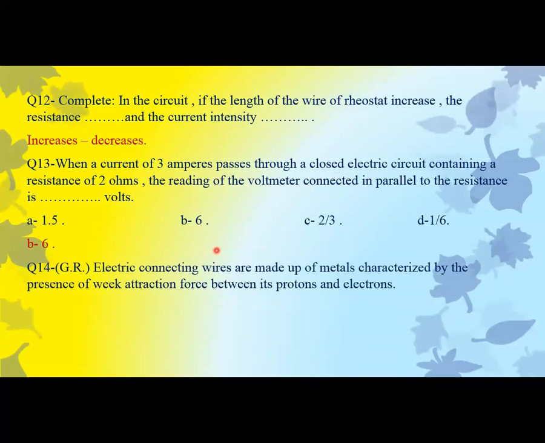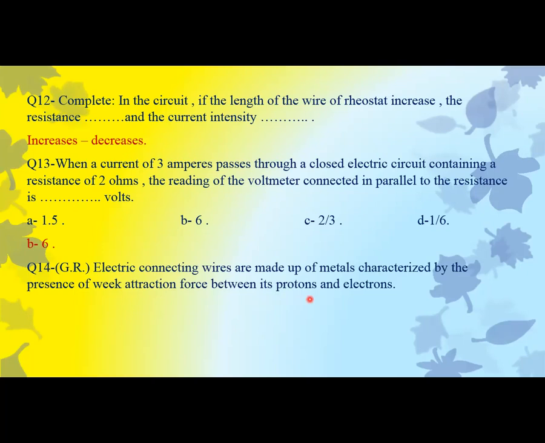Electric connecting wires are made up of metal characterized by the presence of weak attraction force between its protons and electrons. Since there is a weak attraction force, the electrons are going to be easy to remove or move in the wire.